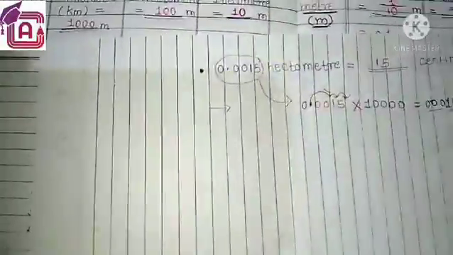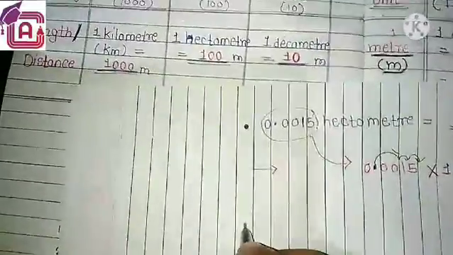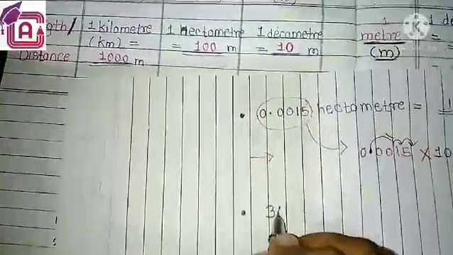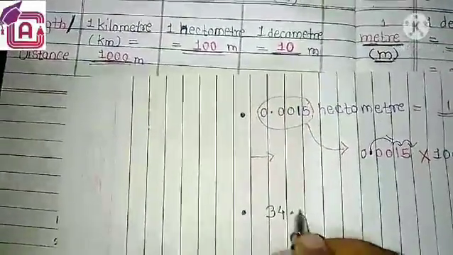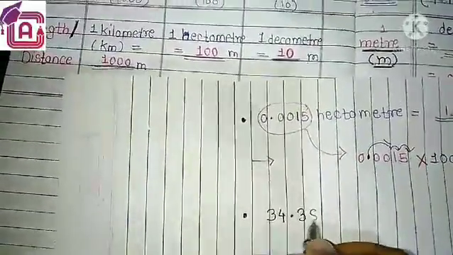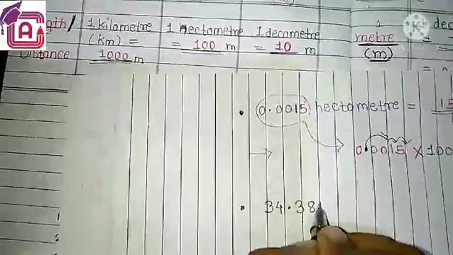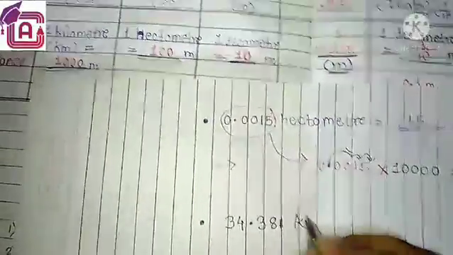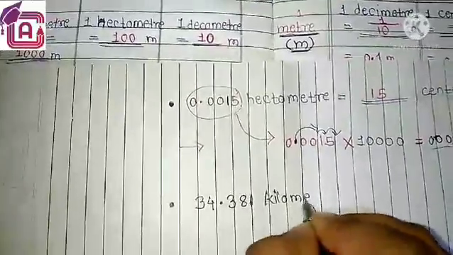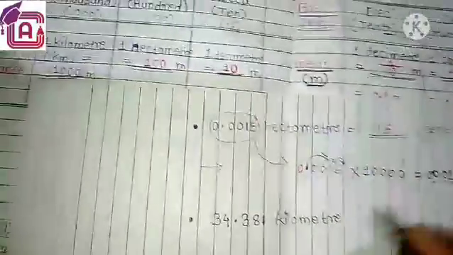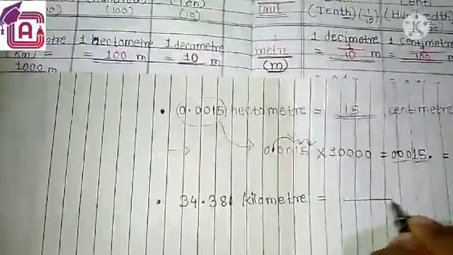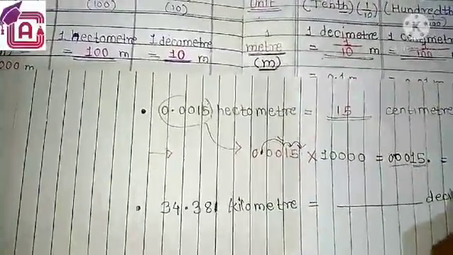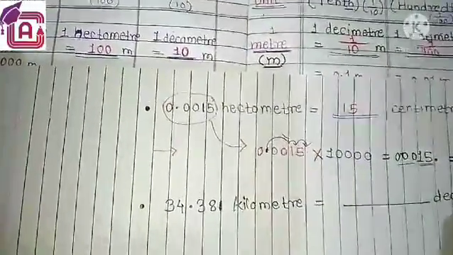Look at another example. That is if 34.381 kilometer is equal to how many decimeter?